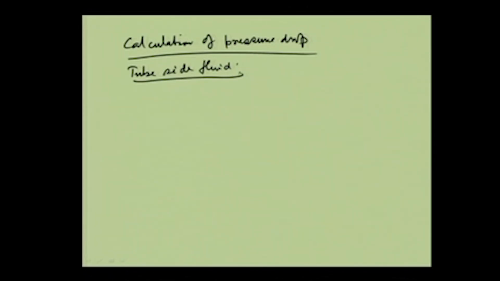There are two types of pressure drops, delta P total is equal to delta P T plus delta P R. This delta P T is for frictional losses, and this is for return loss.